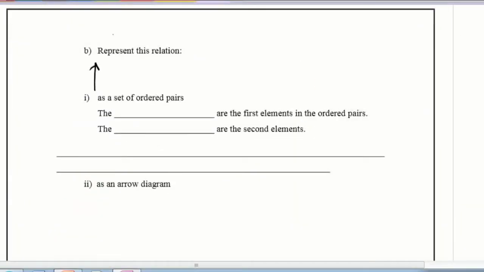This space isn't for anything, so just kind of a formatting error there. So ordered pairs. The communities are the first element in the ordered pair, and the territories are the second elements.